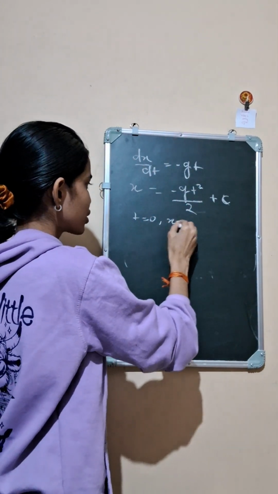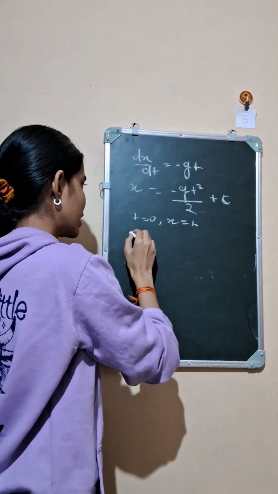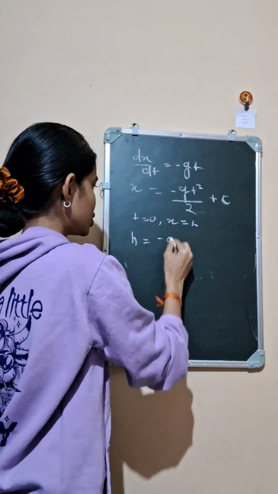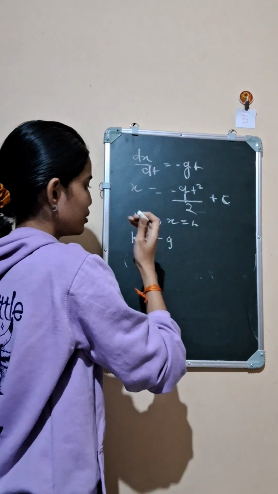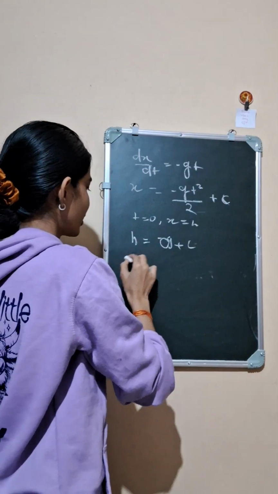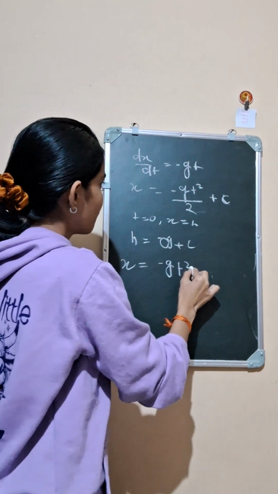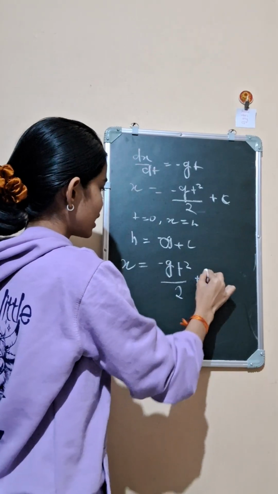So here x equals to h. Putting this condition in this equation, we will get h equals to minus gt square by 2, which will be 0, plus c, means c equals to h. So we can write x equals to minus gt square by 2 plus h.